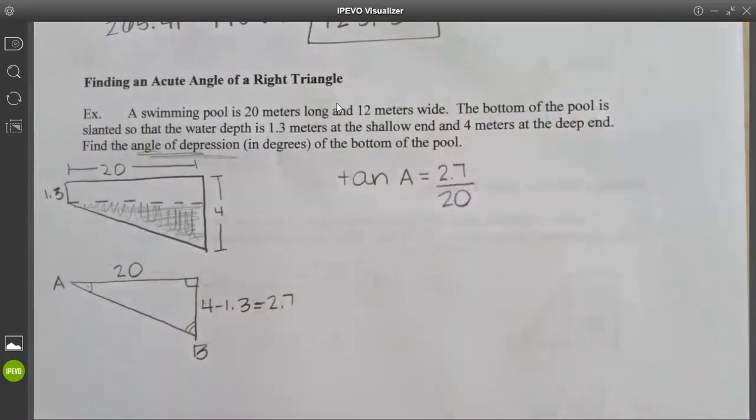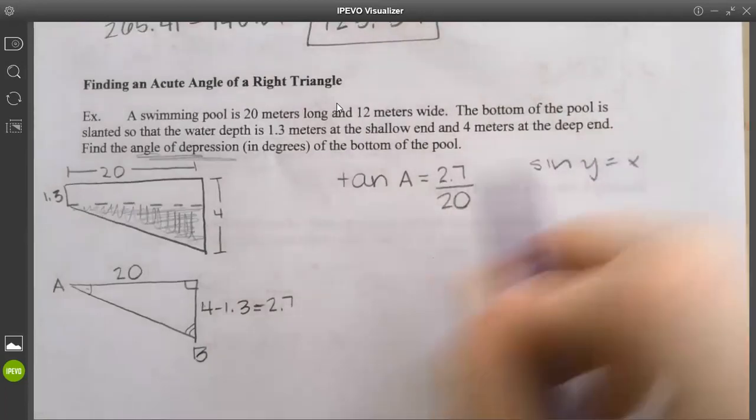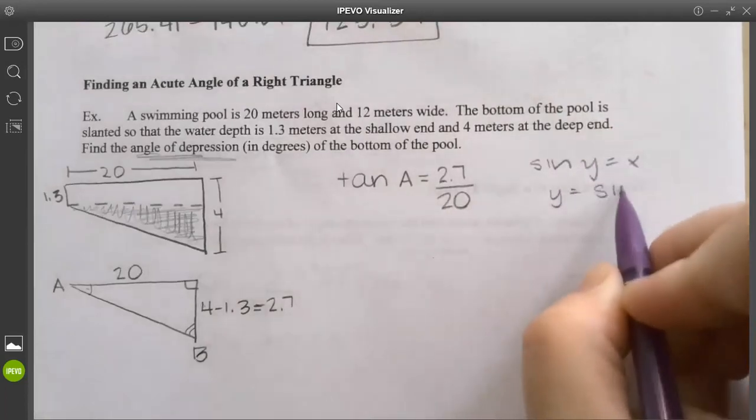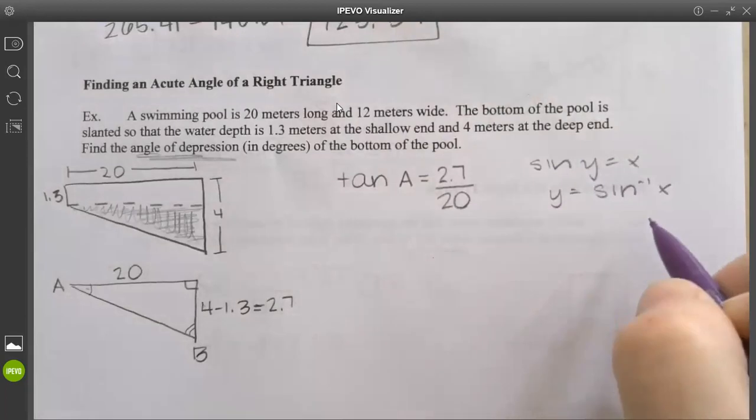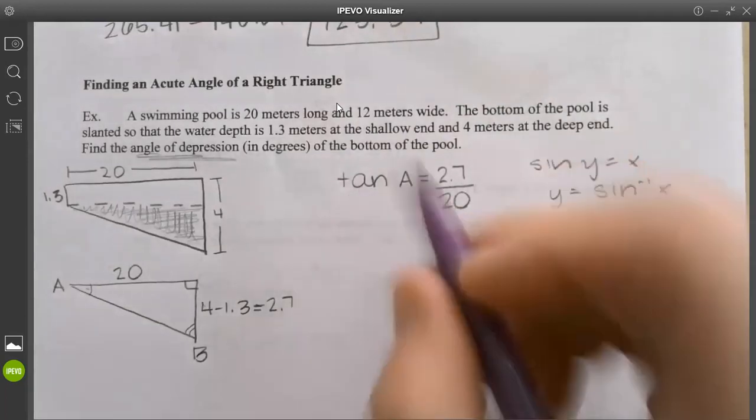How do I do this? Because I haven't had one like this. How do you plug it into this? We talked about this yesterday. When we had sine y equals x, we changed it to y equals sine inverse x, right? So this one, not sine, but tan.